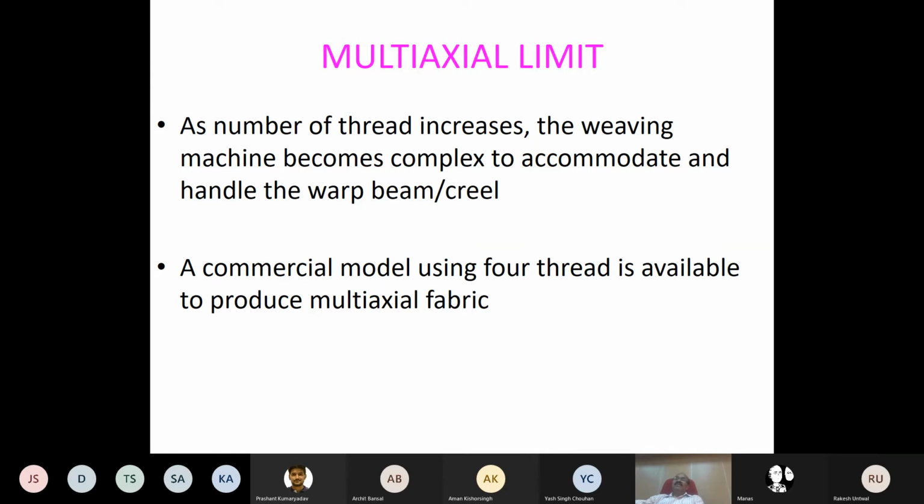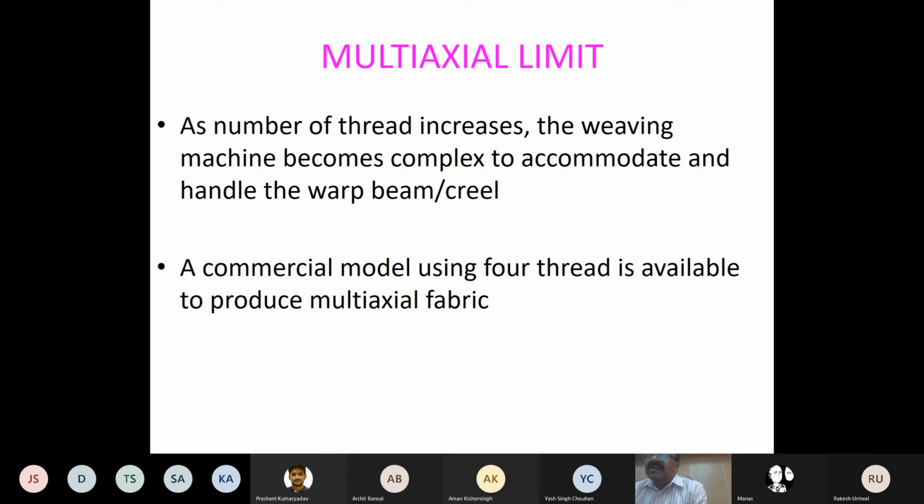So what is the limit? Can you go for 6 yarn, 7 yarn, 8 yarn system also? It is not possible. We'll discuss only 3 warp, 1 weft, 4 multi-axial woven fabric, but we'll not discuss others.